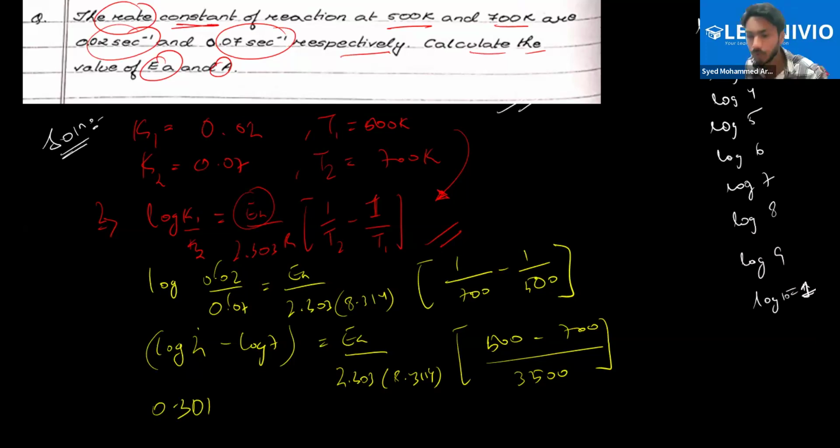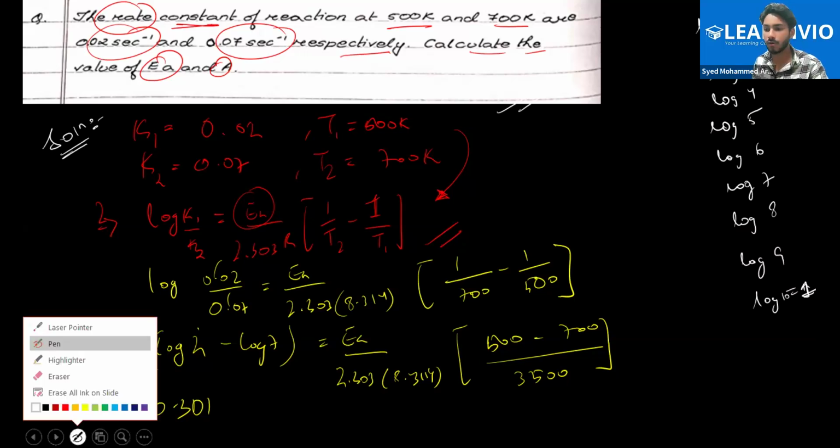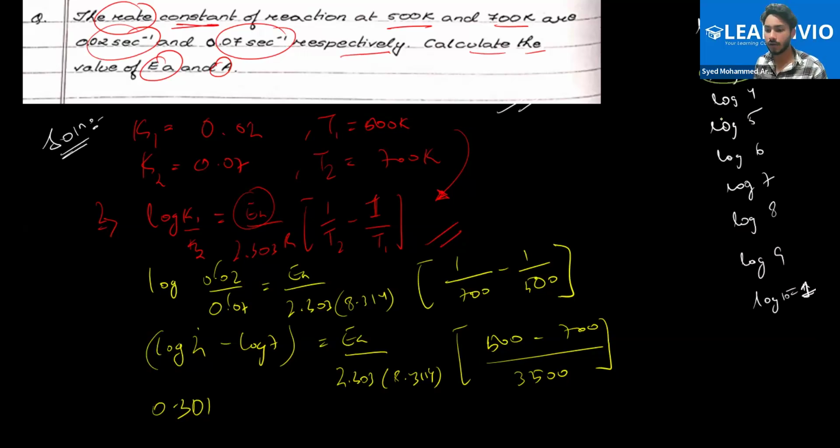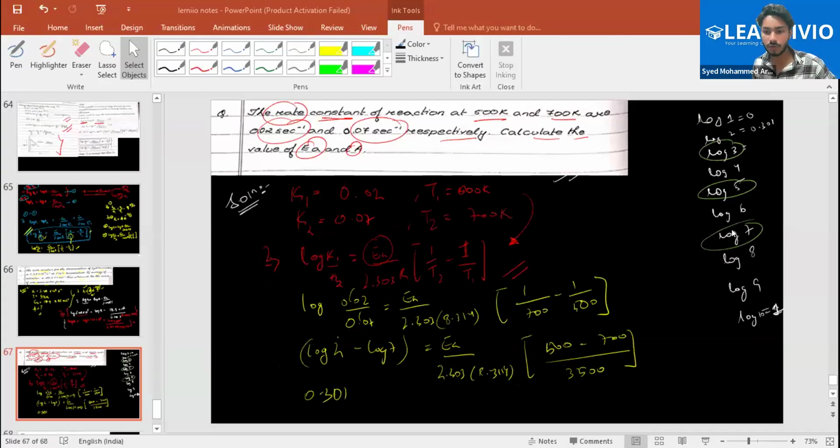The value of log 2 would be 0.301. You have to learn the odd values like log 3, log 5, log 7, and the others will be easily calculated. So you have to learn the values of log 2, log 3, log 5, log 7.